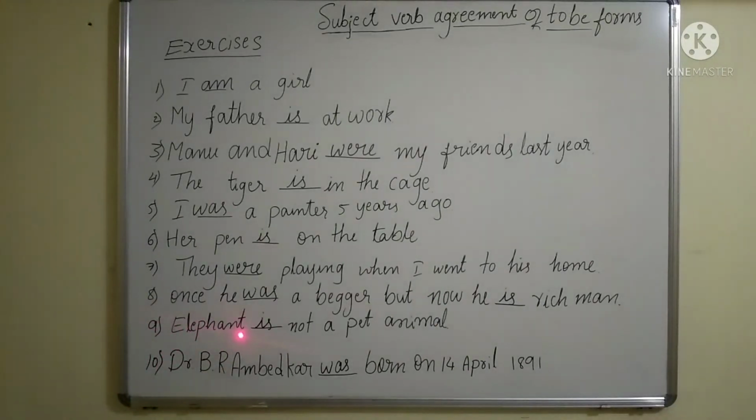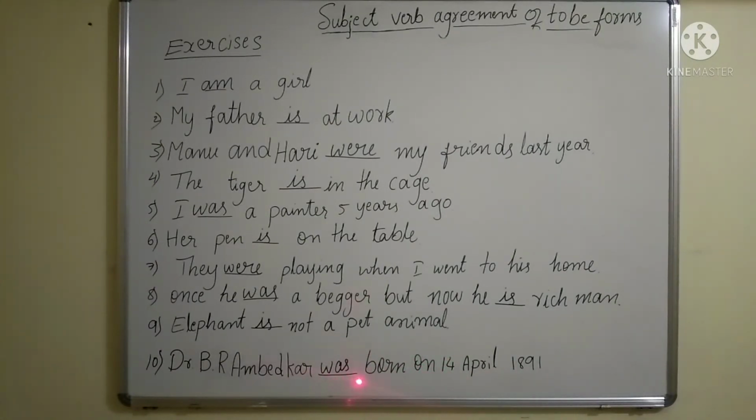Ninth one. Elephant is not a pet animal. So we have no past tense clues in this sentence here. So it is obviously present tense. Elephant is not a pet animal. Okay, next the 10th one. Dr. B.R. Ambedkar was born on 14th April 1891. See, when we talk about the date of birth of people, we must be very careful.